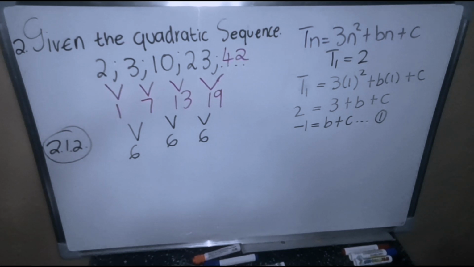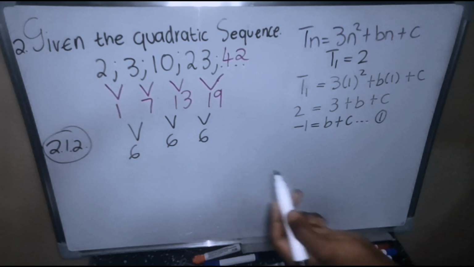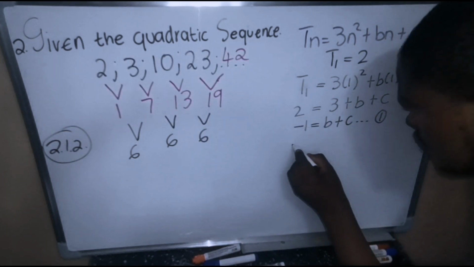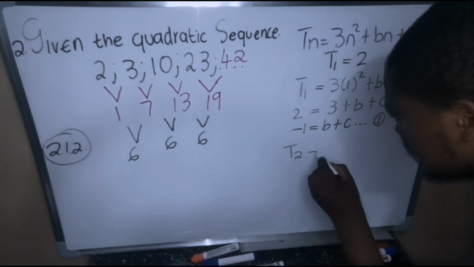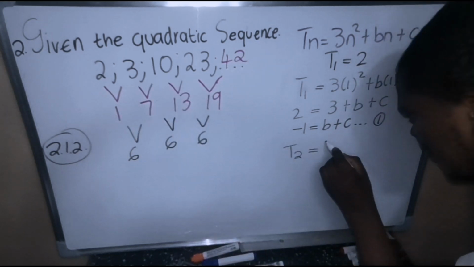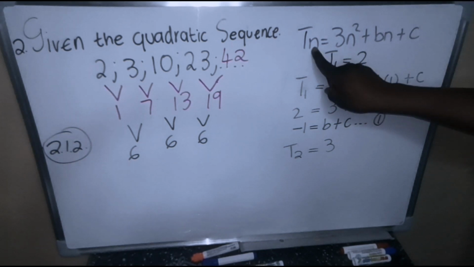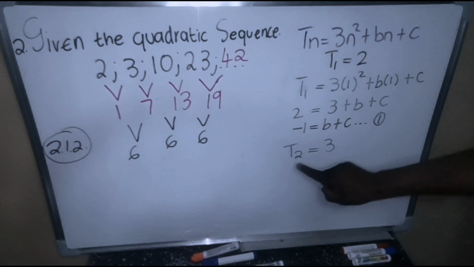Now, term number 2. You can take any term as long as it's on the sequence. T2 is equal to 3. From this equation, where I see n, I put in 2.